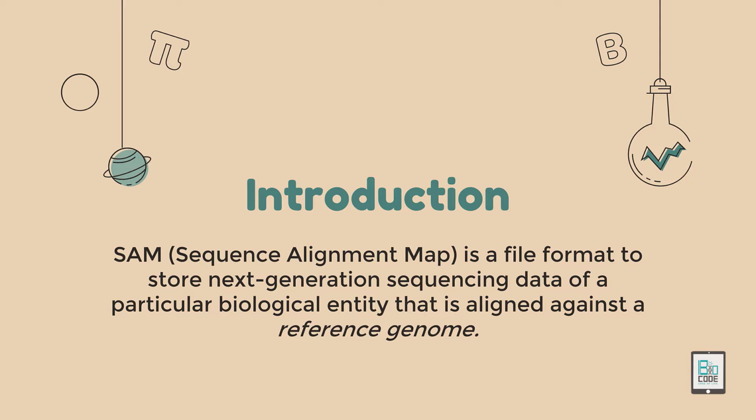For example, if you are working on a particular genome, let's suppose XYZ species, and you have sequenced its genome, you get many reads from a technology such as Illumina, PacBio, whatever you use. All those reads have to be assembled into a genome. So to do that, we have to align those reads against a reference genome or do a de novo genome assembly.